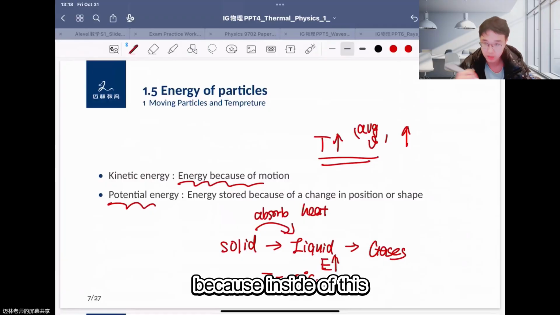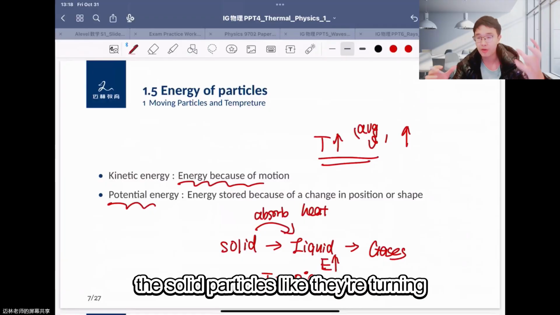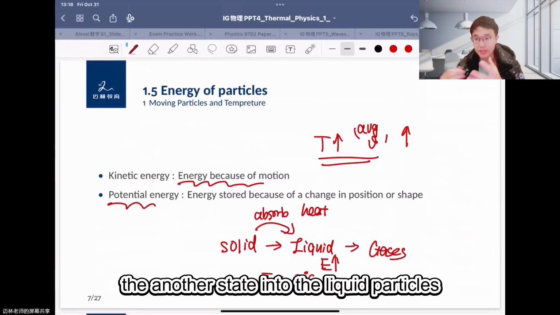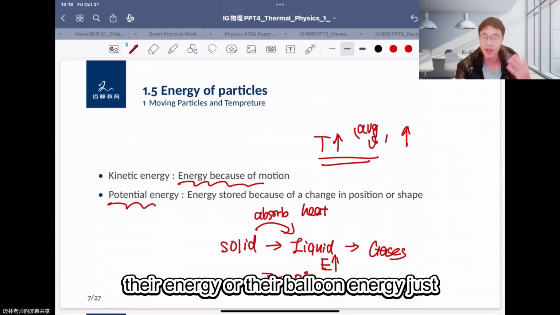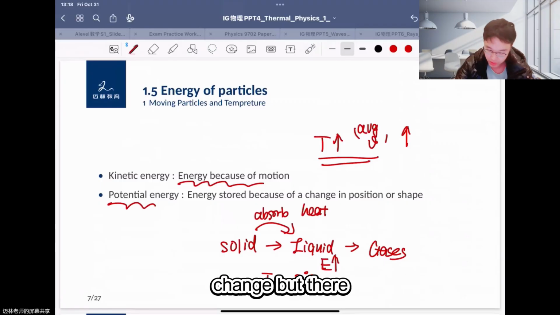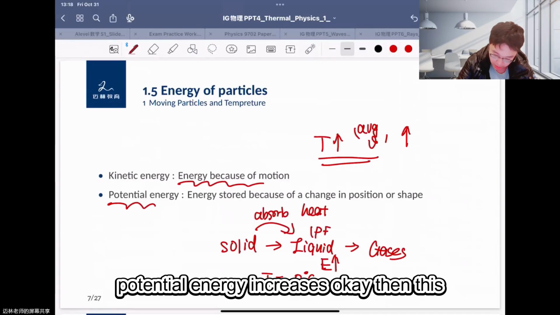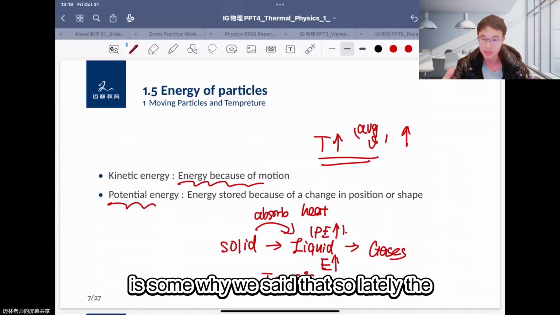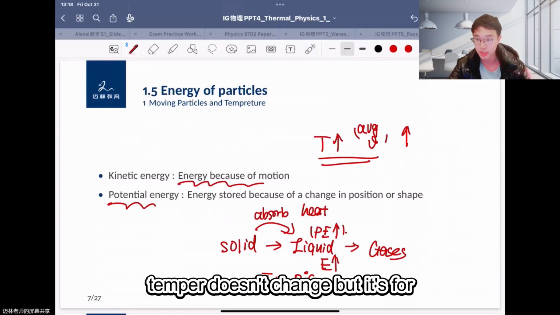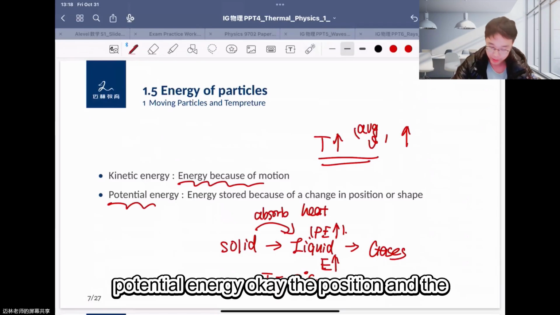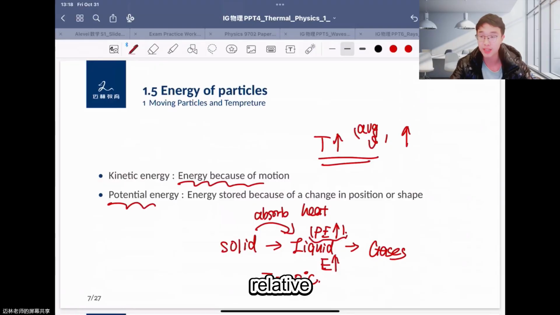That is because inside, the solid particles are changing into liquid particles. Their position changes, which means their potential energy changes, so potential energy increases. This is why we said that when solid turns into liquid, total energy increases. But this is not because of kinetic energy, since temperature doesn't change, but because of potential energy. The position and the relative motion make the potential energy change.